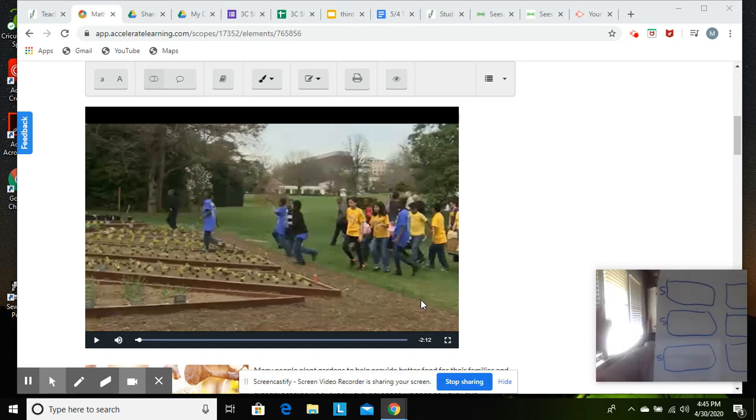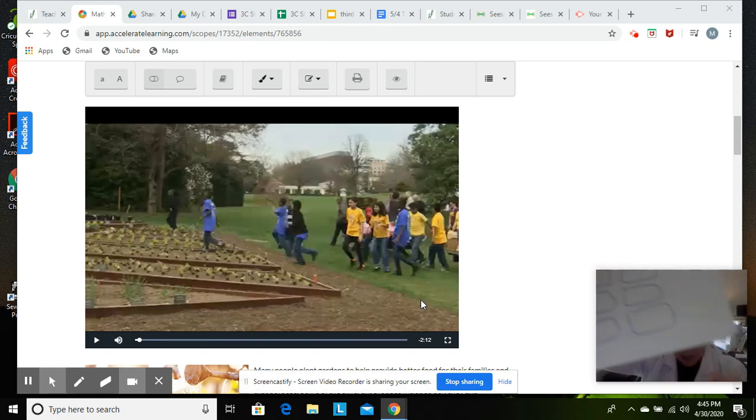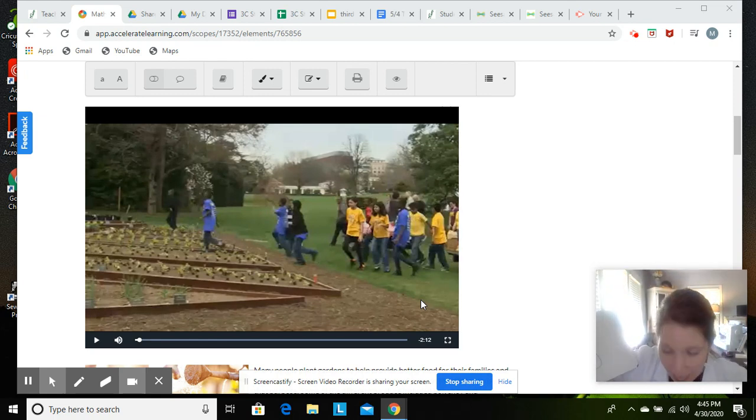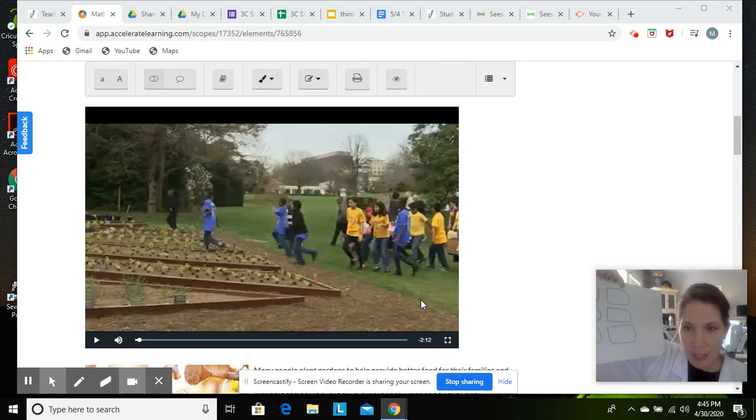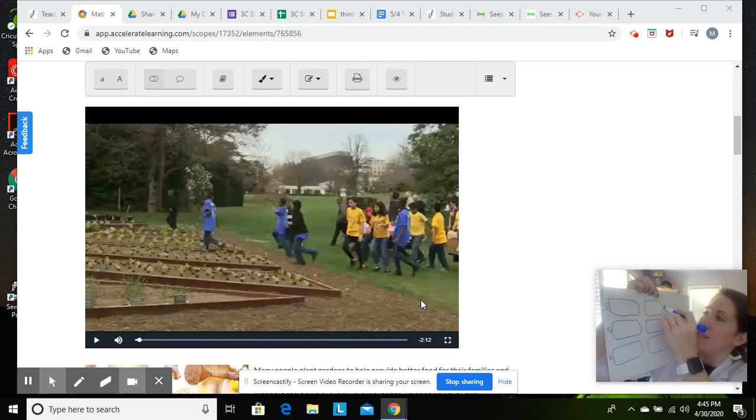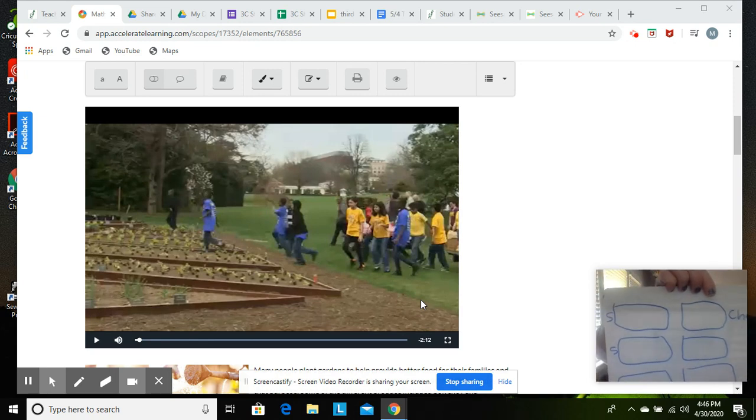That's an S, and that stands for student. And then it goes on to say, and the White House chefs, which means the cooks at the White House that make meals for the president and the first lady and all the staff at the White House, planted seedlings in one of the beds. So one of the beds, I'm just going to put a C for chefs. Okay? So there it is.